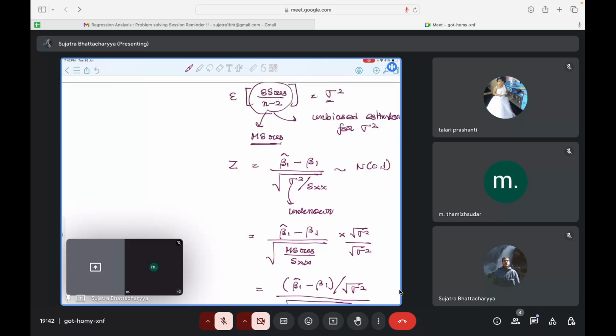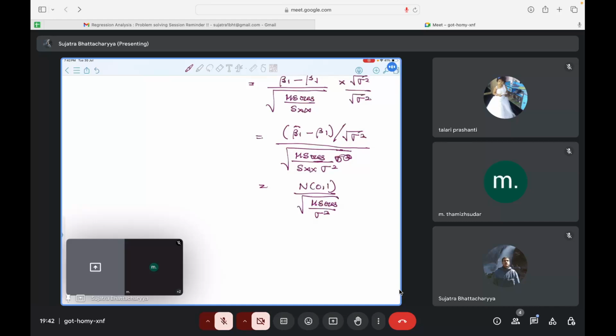Fine. So now if I just multiply it with root n minus 2 and divide it with root over n minus 2, what I get is root over n minus 2 times normal 0, 1 and root over n minus 2 MS residual by sigma square.